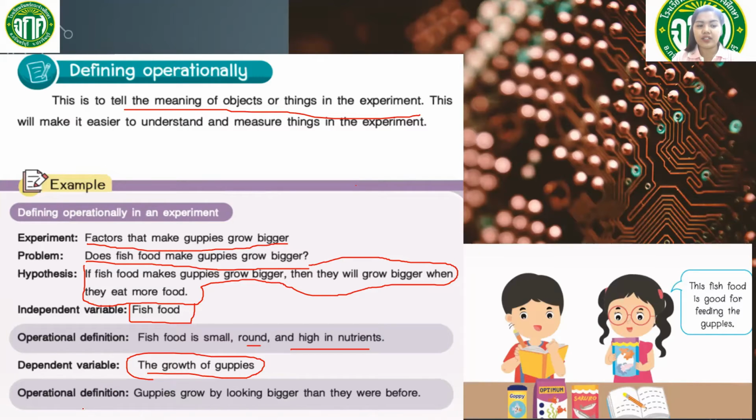And then the last one is the operational definition. As a result, guppies grow by looking bigger than they were before. So again, the operational definition is guppies grow by looking bigger than they were before. Okay, so that is an example of how you are going to define operationally.